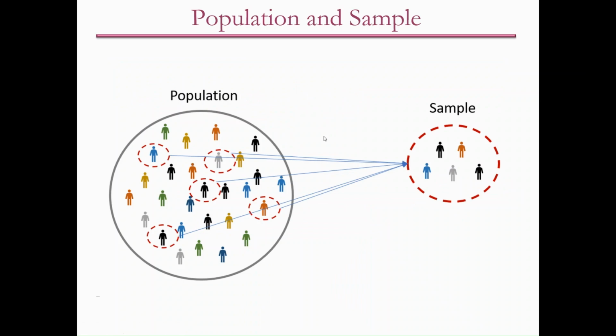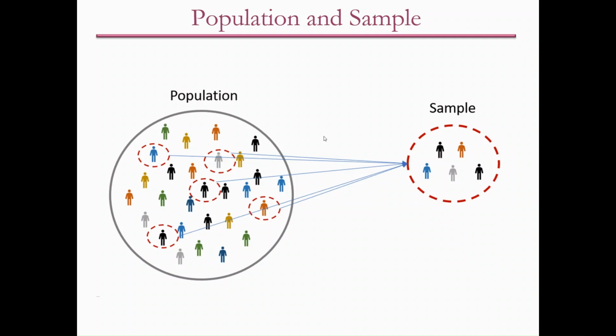A lot of what we're going to be doing in statistics is we want to study a population. But oftentimes it's too hard to study the entire population. And so instead, we'll study a smaller group, which we'll call a sample.